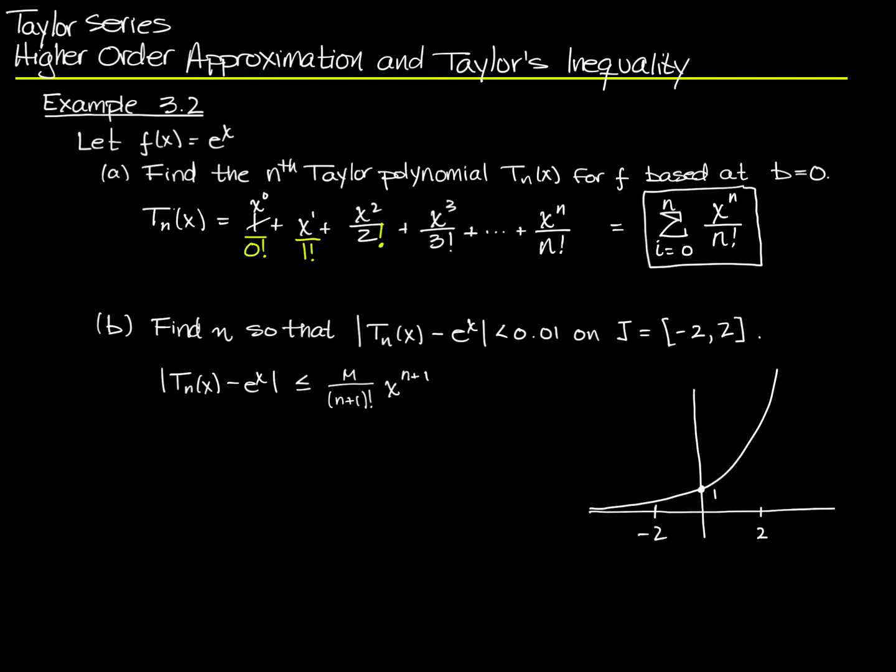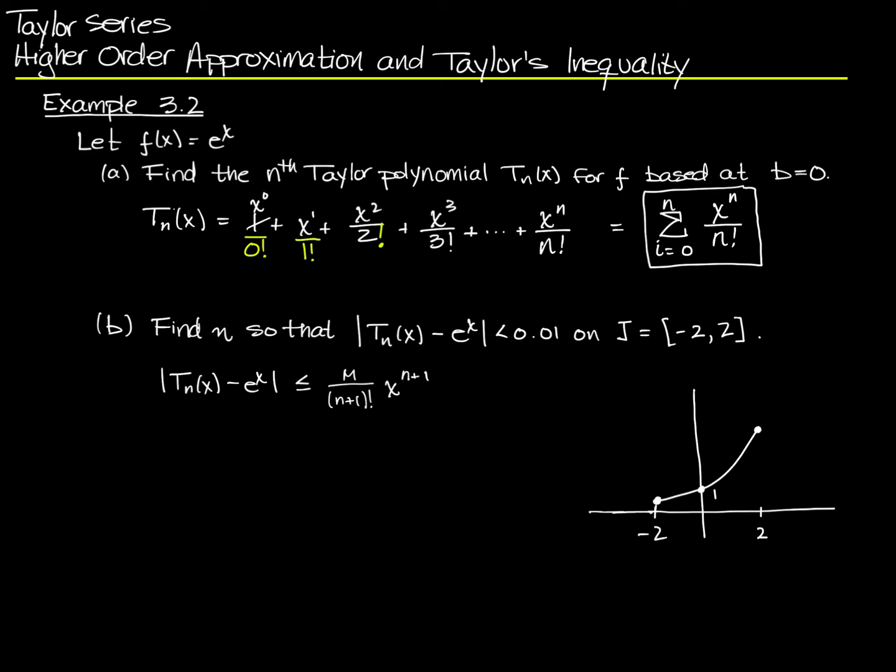But we're only interested in values up to here because we're restricted to the interval -2 to 2. So we could effectively erase the rest of this function. We're not interested in that, and we're not interested in this part down here. So we're only interested in that part of the function for now.